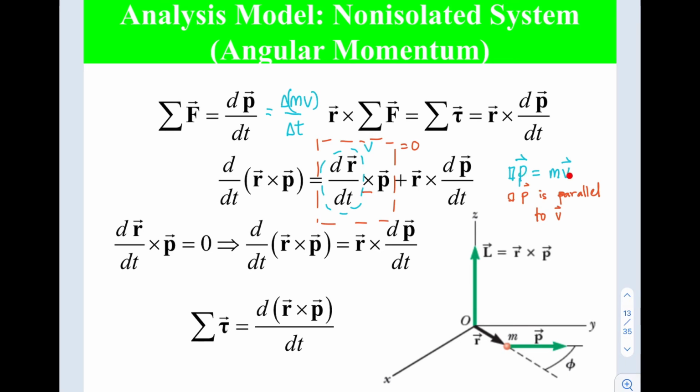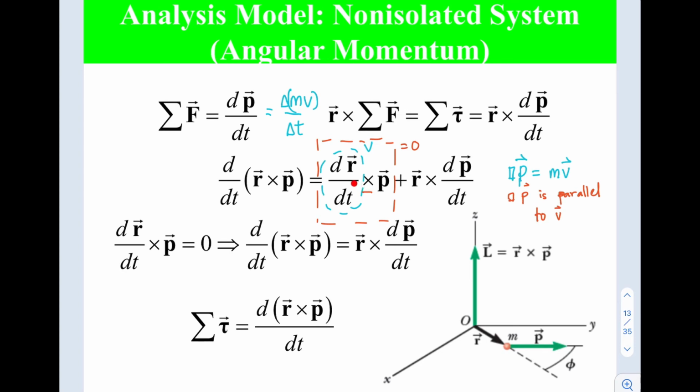Whenever you have two vectors in the same direction, the angle between P and v is parallel, or 0 degrees. So when we do the cross product between two vectors that are parallel, the product is going to be 0, because by definition the cross product is r P sin theta, if you still remember.